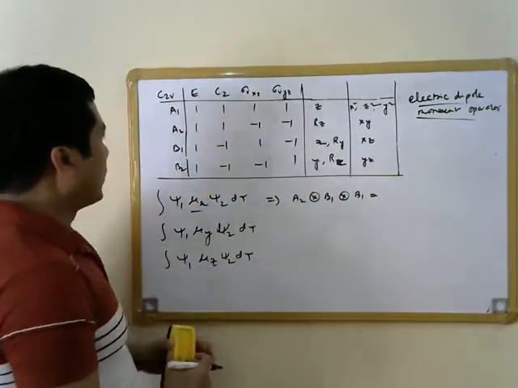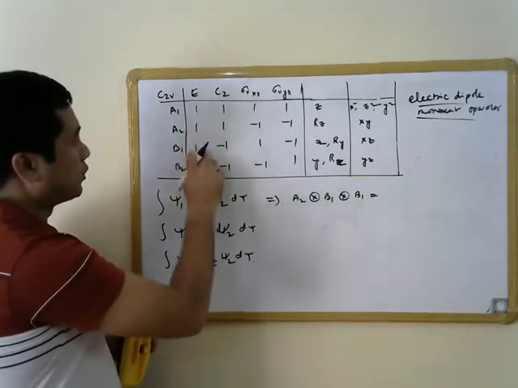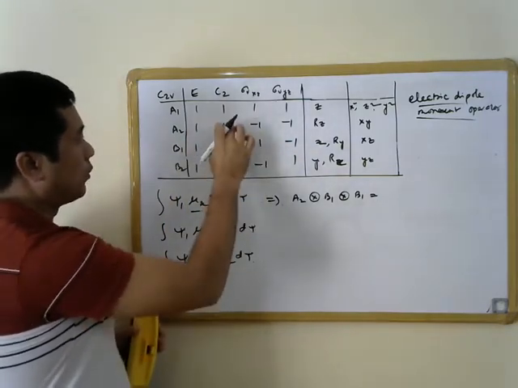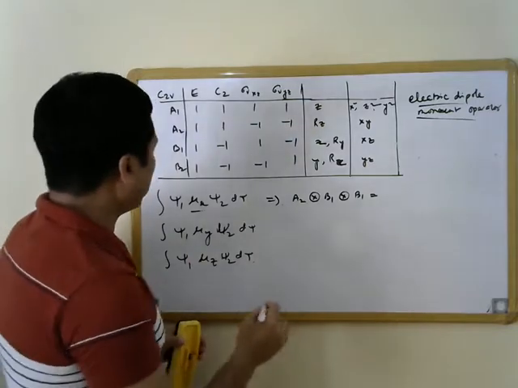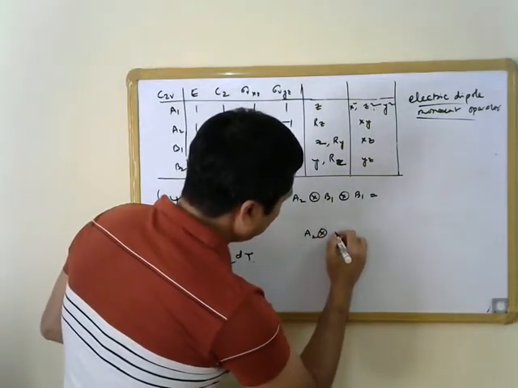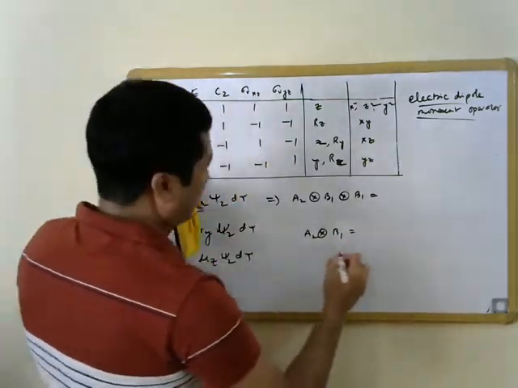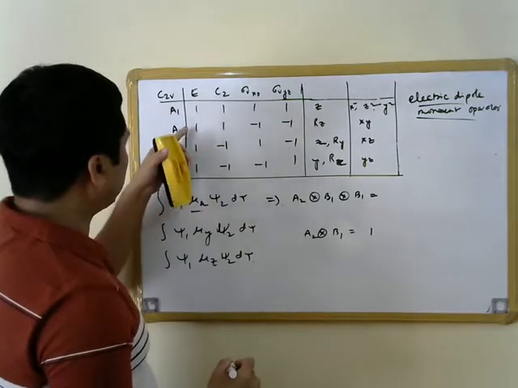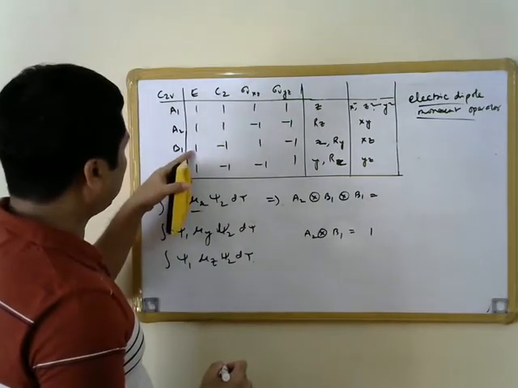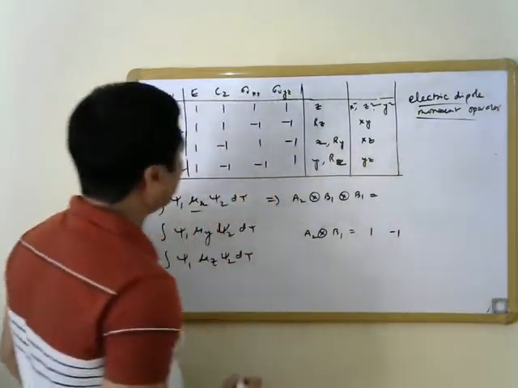So let us multiply the characters of A2 into B1. 1 into 1 will be equal to 1. So let's find out what A2 into B1 will be equal to: the character of identity is going to be 1, and the character of C2 will be minus 1.